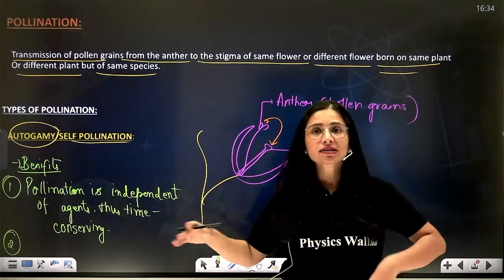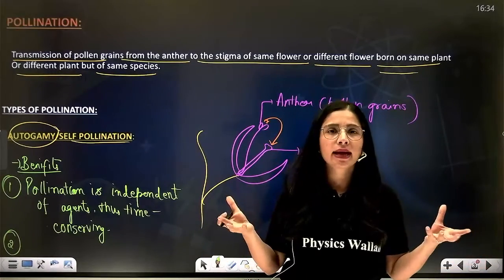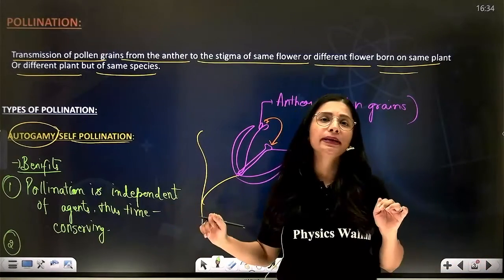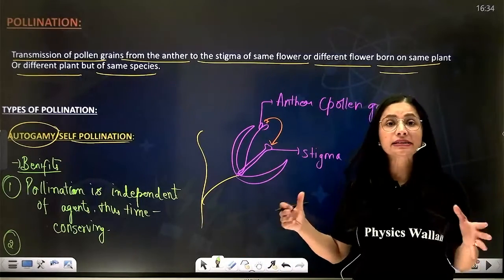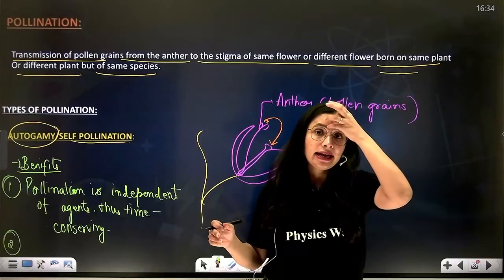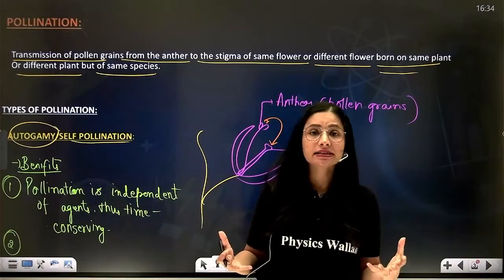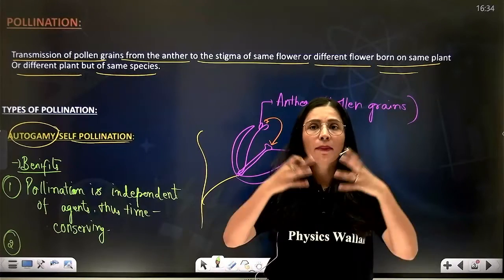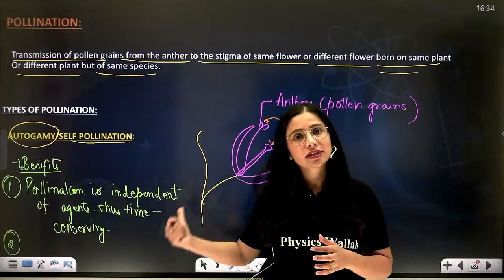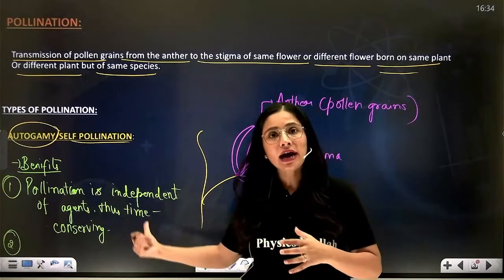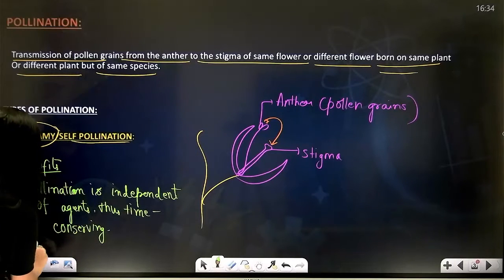So flowers may not be showy, may not be colorful, not with good smell. Still pollination will be done. Therefore, you can say if a flower is self-pollinated, it conserves its energy. It does not waste its energy in producing a beautifully attractive flower. Correct? So the second point is that a flower which is self-pollinated conserves energy.